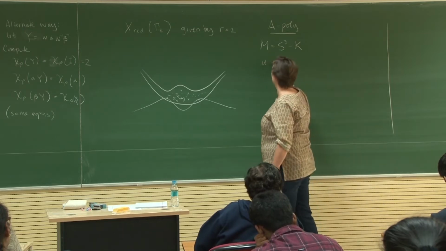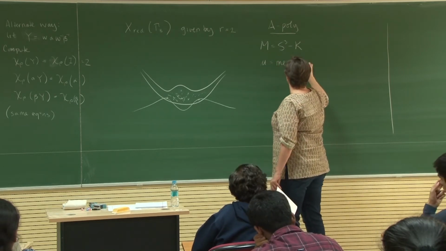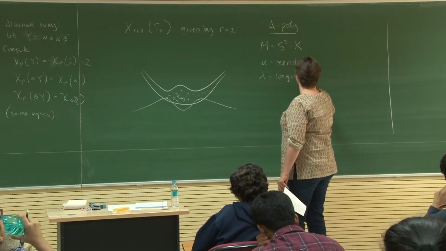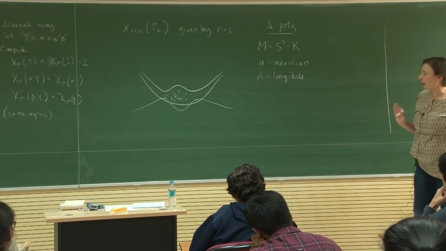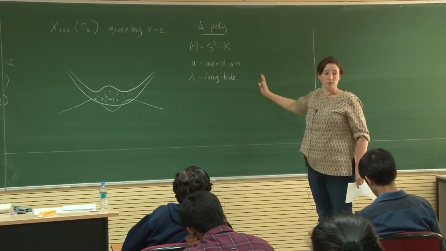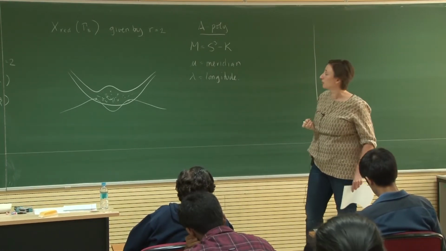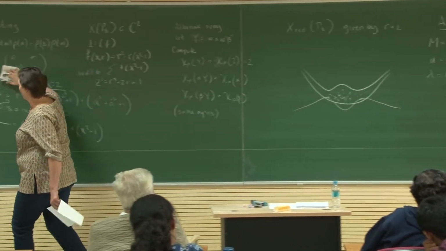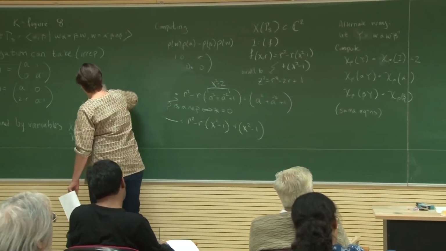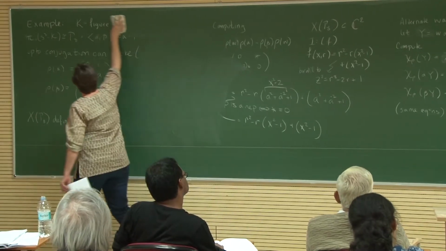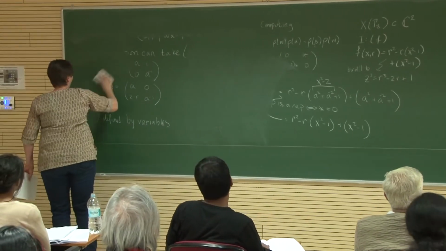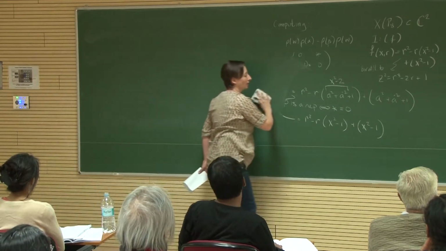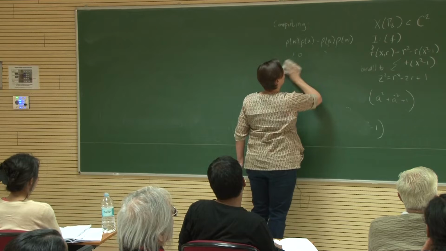So I have a meridian mu, and my longitude L. Okay, you can really pick any generators for the homology and use them, but we'll just think about the standard meridian and longitude. Then the way to construct the A-polynomial is to start from the representation variety. And I just want to consider representations where my meridian and longitude go to upper triangular matrices.